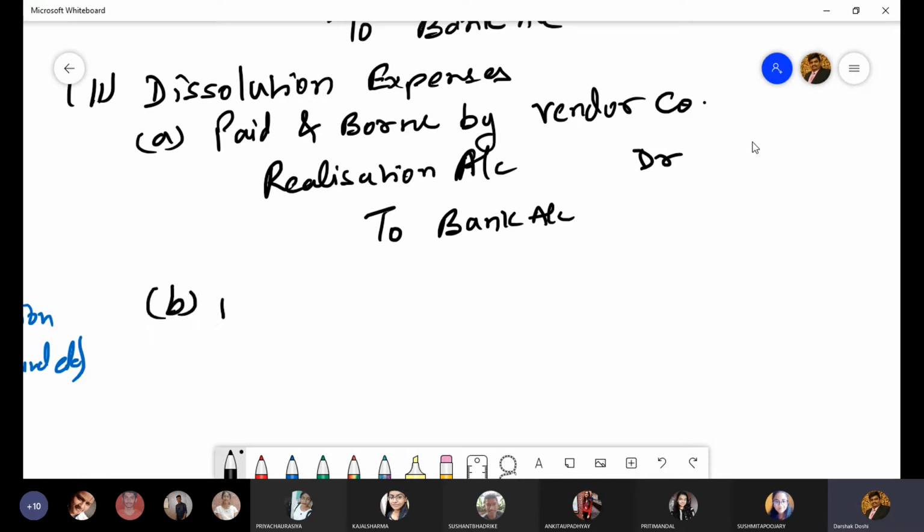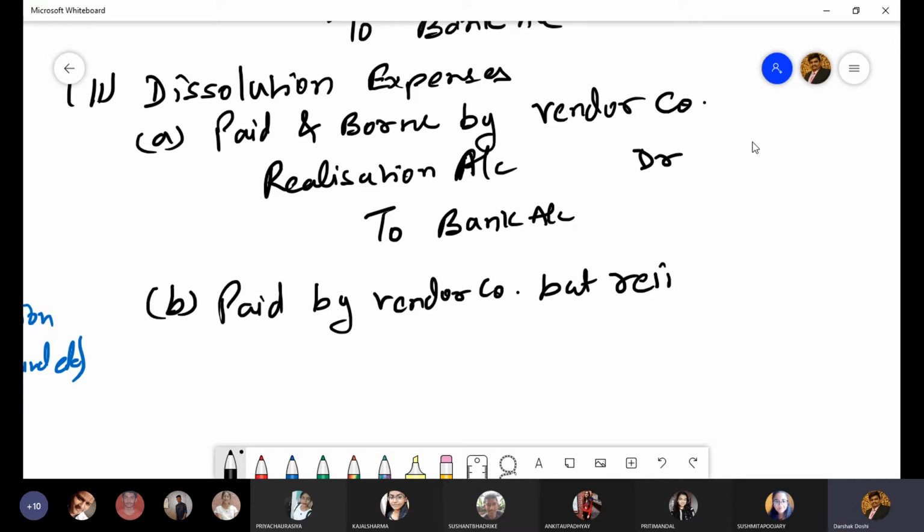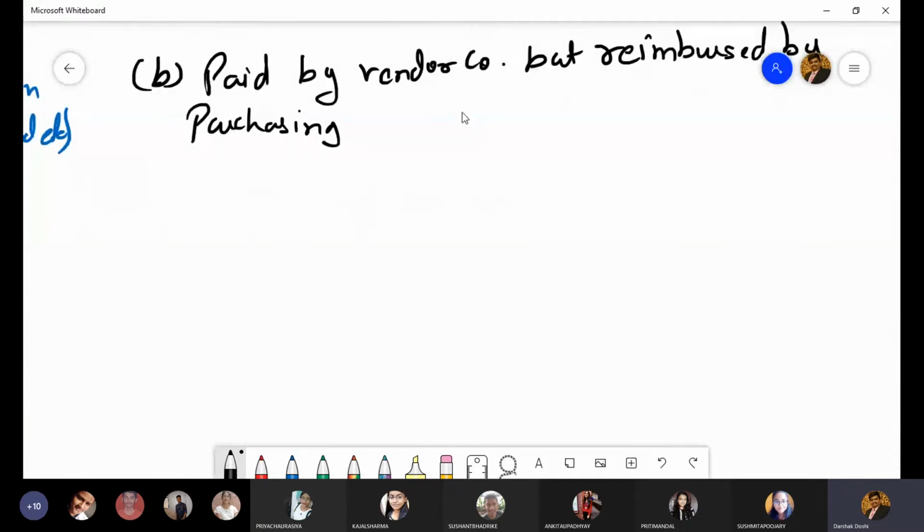B, you will have paid by vendor company but reimbursed by purchasing company. So in this transaction, what is happening is purchasing company is saying, you pay now, later take it from me.